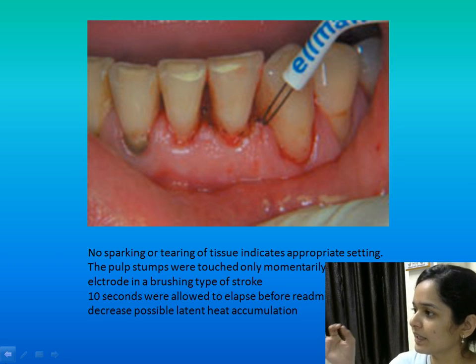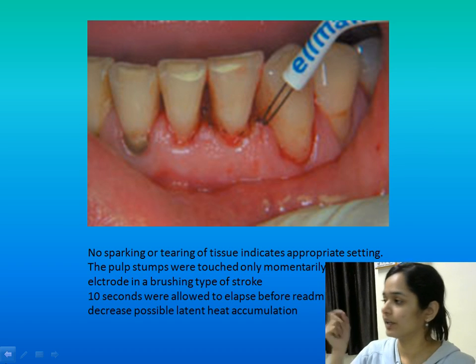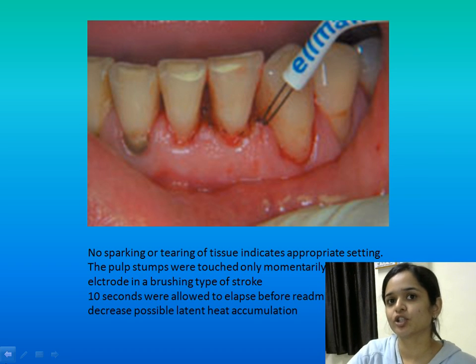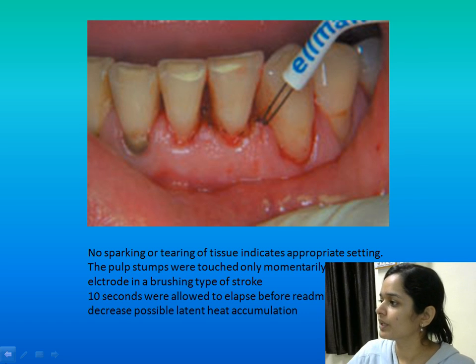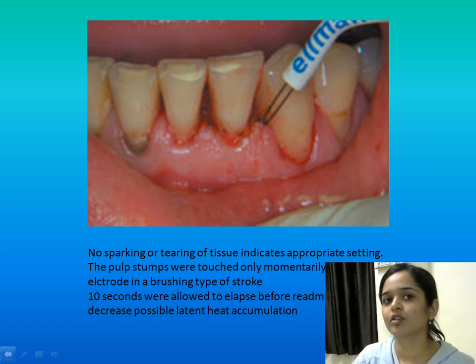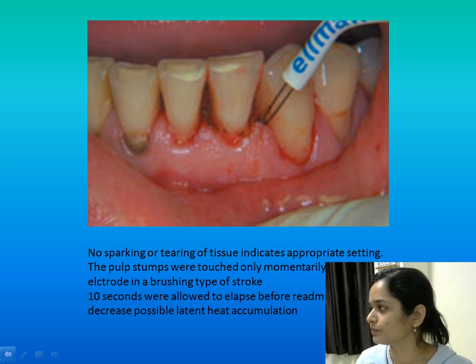So you apply the electrode and touch it very lightly and momentarily for a second, remove it, wait for 10 seconds, then reapply it. If you apply it again and again before waiting for 10 seconds, there will be latent heat accumulation.